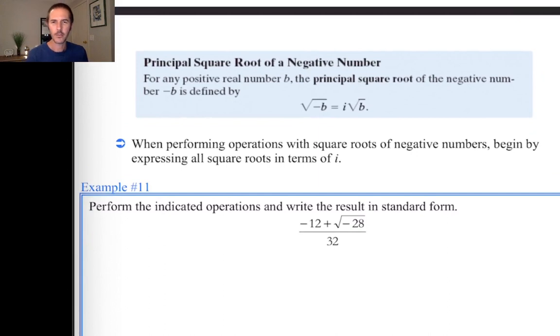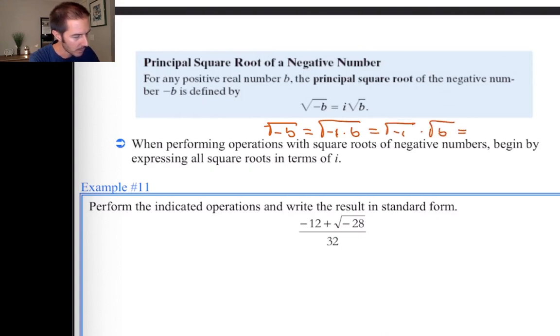Okay, the square root of -b is equal to i times the square root of b. Why would that be, if you'll pardon the pun? The square root of negative b is also equal to the square root of negative 1 times b, which is equal to the square root of negative 1 times the square root of b, which is equal to i times the square root of b. That's how it really factors out.